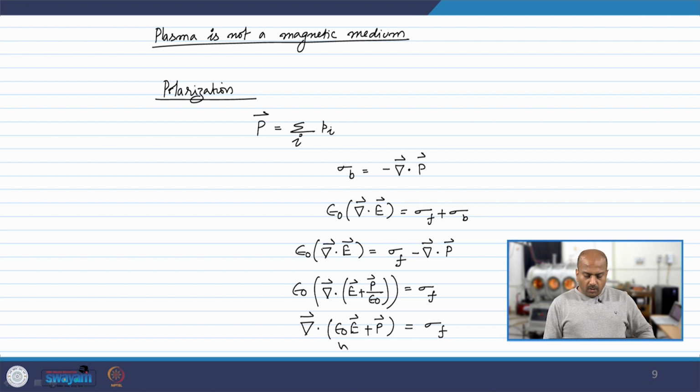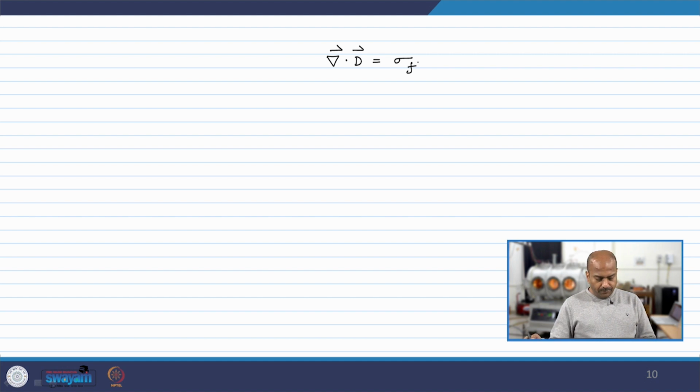Now, we know what this quantity is. D is equal to epsilon naught E plus P, right. So, we can write del dot D is equal to sigma_f, or D is equal to epsilon E.